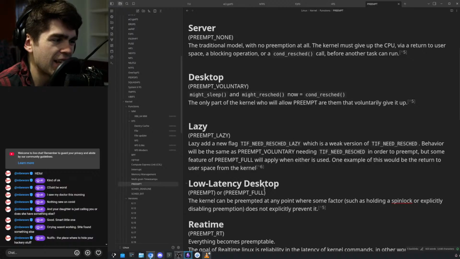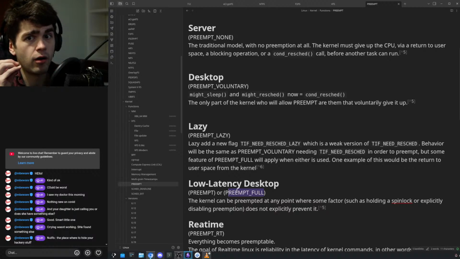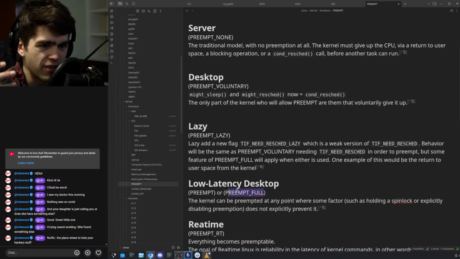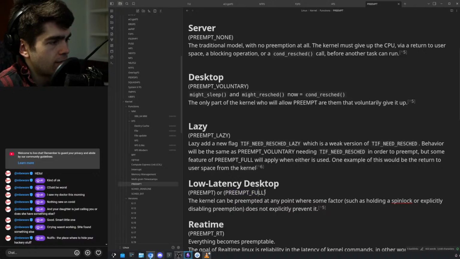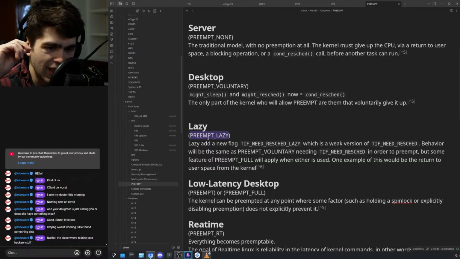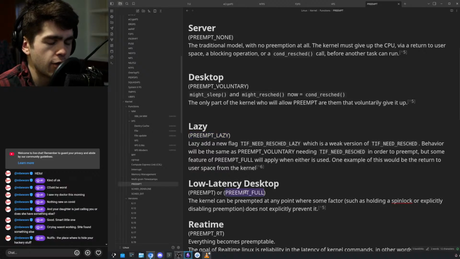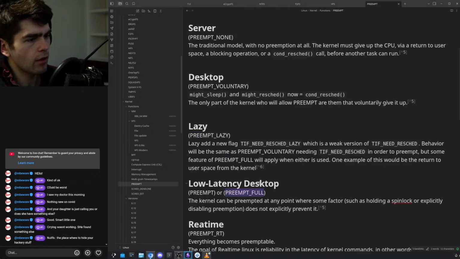So this means that preempt full might actually lose some performance because it won't allow a performance heavy task to actually just go through. Lazy, on the other side, is tweaked to be less aggressive, so as to not have that loss of performance that we associate with preempt full.